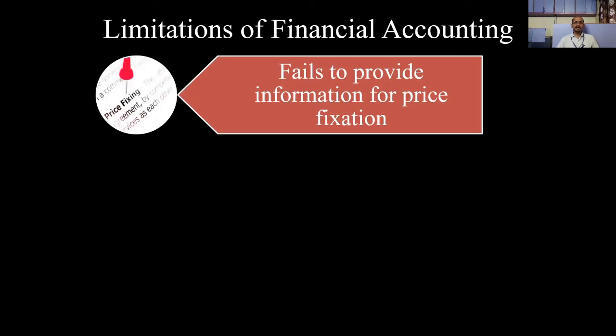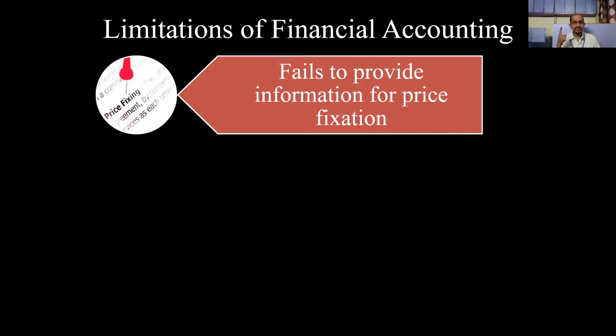The next limitation is that it fails to provide information for price fixation. This is a very important step in any business organization whenever they want to fix the price of a product. The price of a product contains three things.